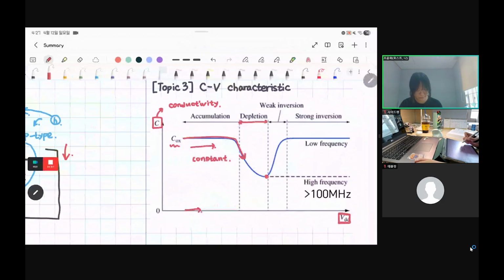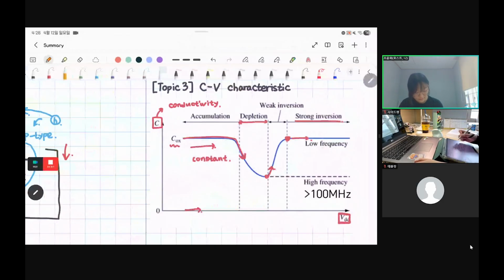And when the weak inversion starts, the capacitance goes up again. And in strong inversion, the capacitance goes constant again.